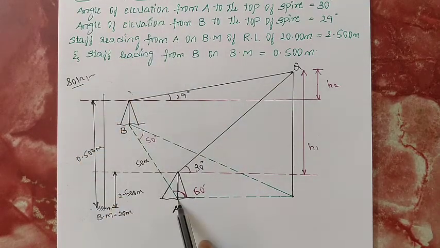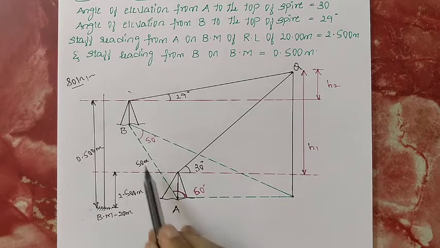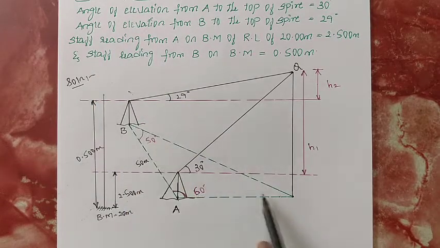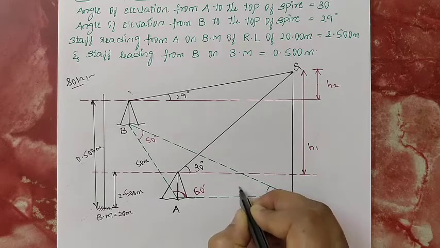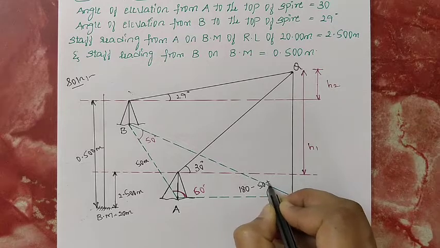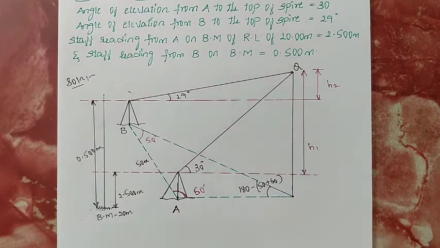Observe here, I have joined A to B and the bottom of the church spire. Angle BAC is this angle, 60 degree. Angle ABC is 50 degree. And the third angle you can calculate: it will be equal to 180 minus of 50 plus 60 degree. You will get the third angle.